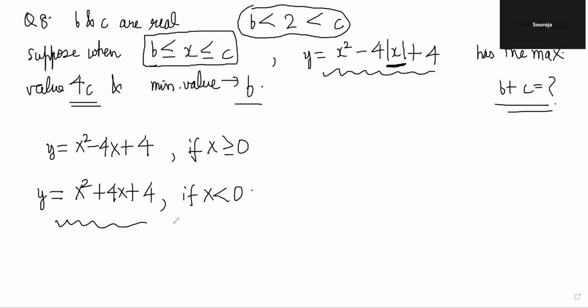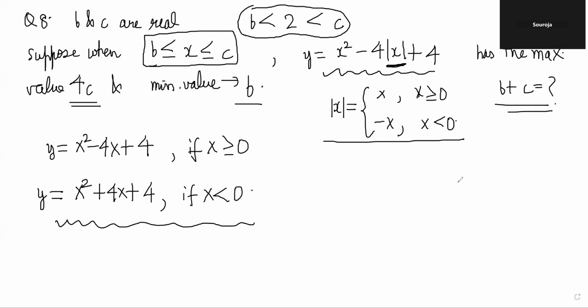Do you understand this? Mod of x will be like this: x if x is greater than or equal to 0, and minus x if x is less than 0. I hope you know what modulus of x is.